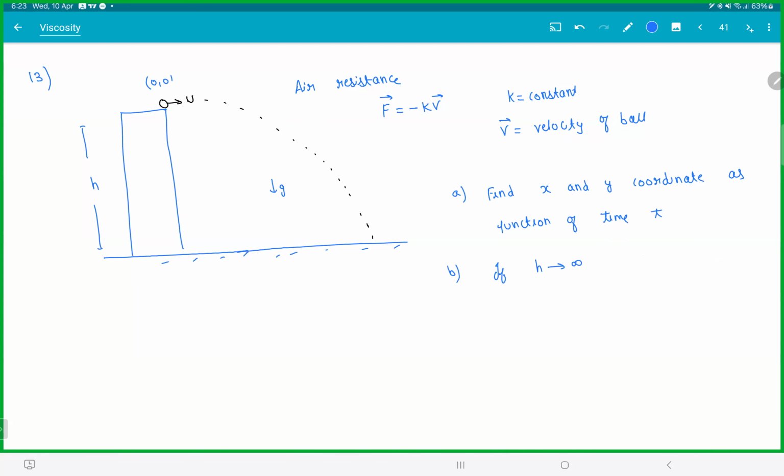Or I can say, if h tends to infinity, draw the trajectory. That is a better one. From there we can find everything. If you want a simple version of this question, I would have asked it like this: time of flight is t, find the range. That would be a simpler version of the question. But okay, this is even better.